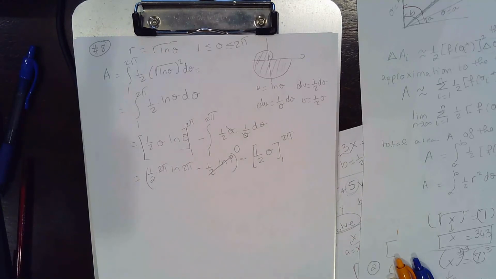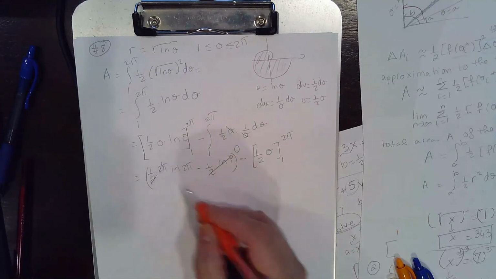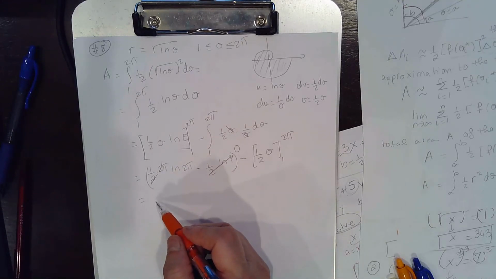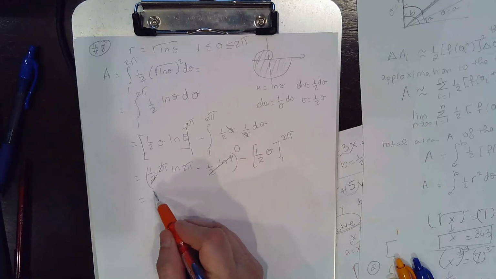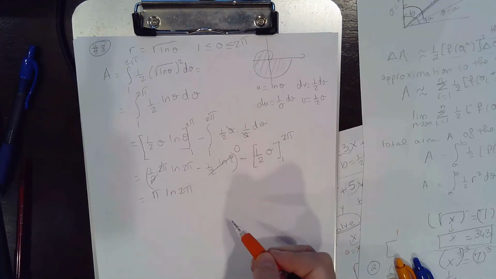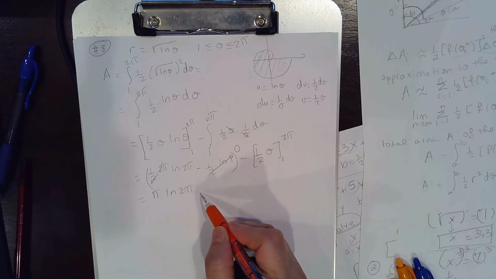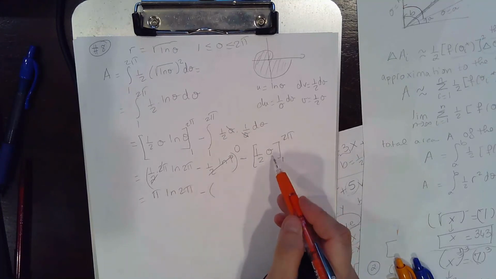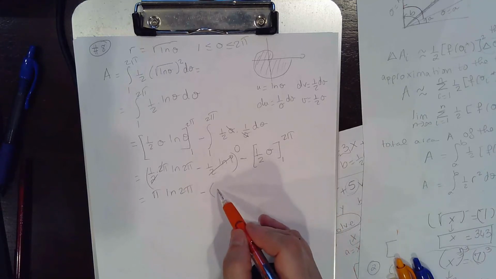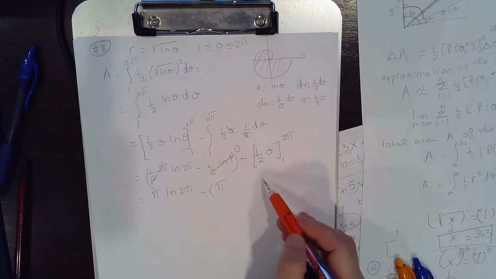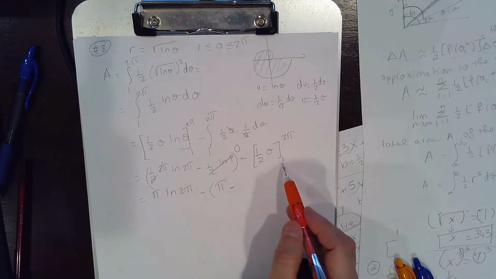So you have pi ln 2 pi, minus 2 pi over 2, that's a pi, minus 1/2.